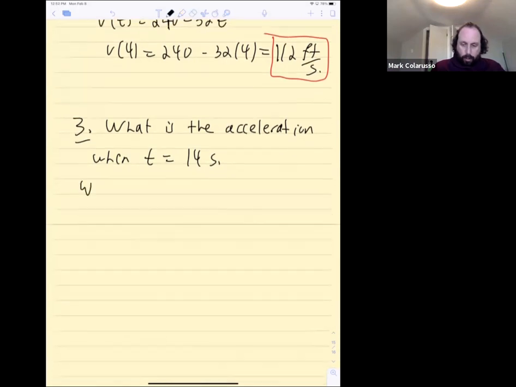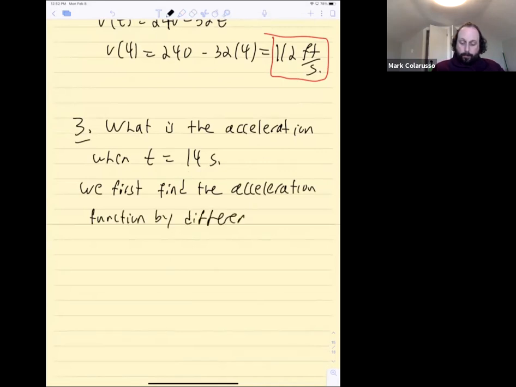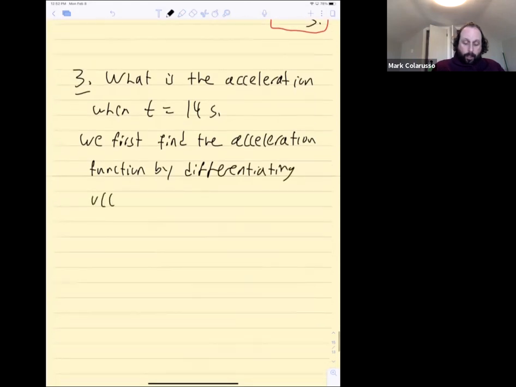So we first find the acceleration function by differentiating v of t with respect to time.